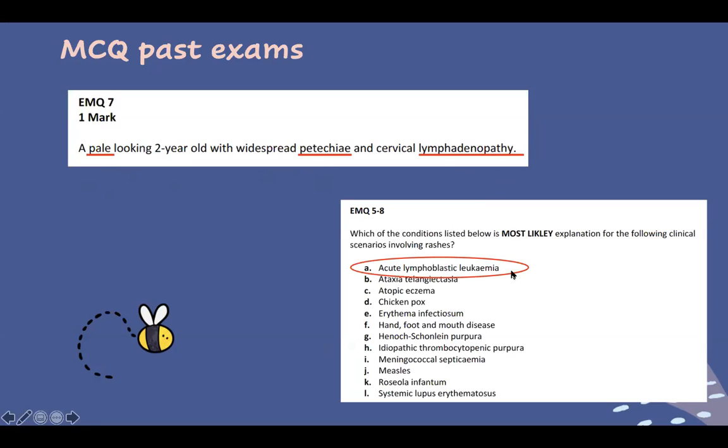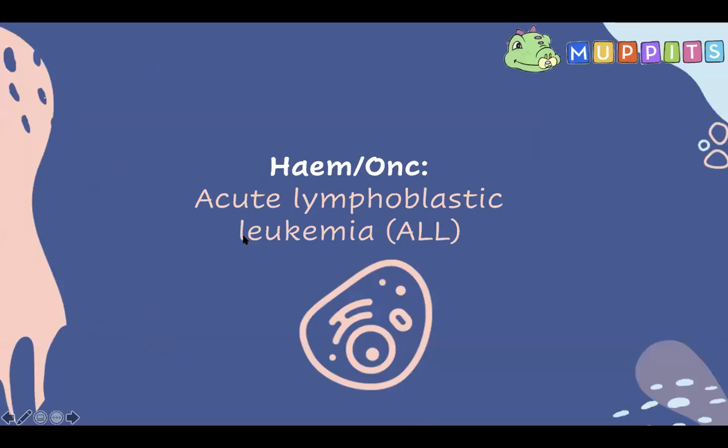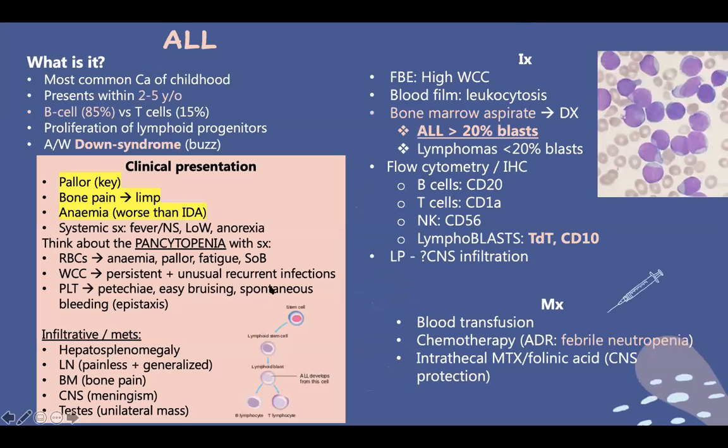So acute lymphoblastic leukemia, ALL, is the most common malignancy in children. It presents typically between 2 to 5 years old. Typically B-cell lymphoblastic leukemia, and what happens is the progenitors proliferate. It's associated with Down syndrome, which is one of the buzzwords.